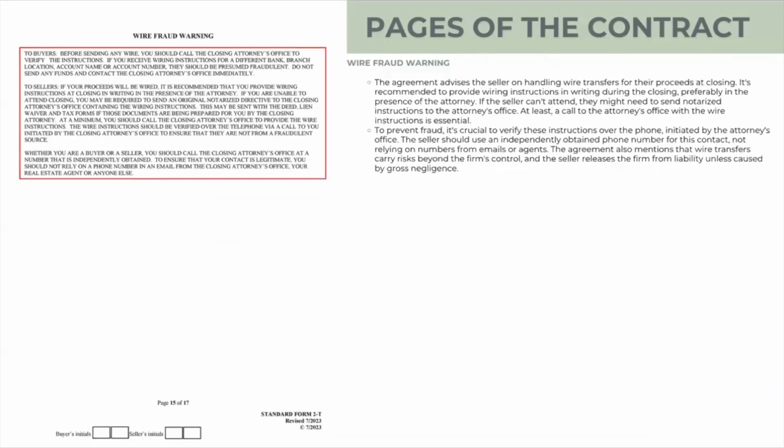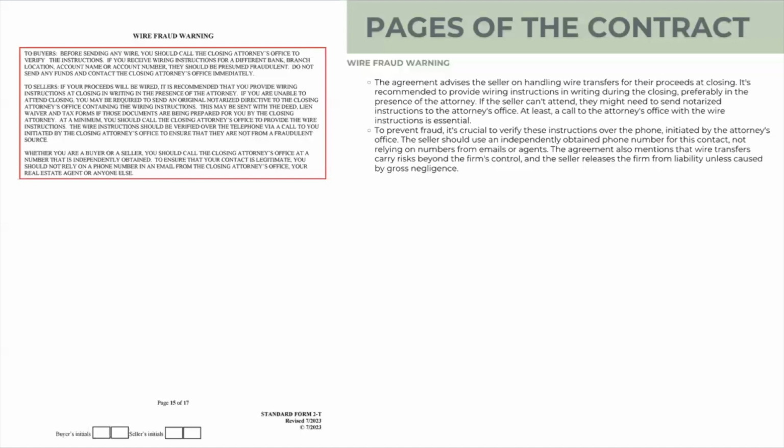Page 15, wire fraud. The agreement advises the seller on handling wire transfers for their proceeds at closing. It's recommended to provide wiring instructions in writing during the closing, preferably in the presence of the attorney. If the seller can't attend, they might need to send notarized instructions to the attorney's office. At least a call to the attorney's office with the wire instructions is essential.